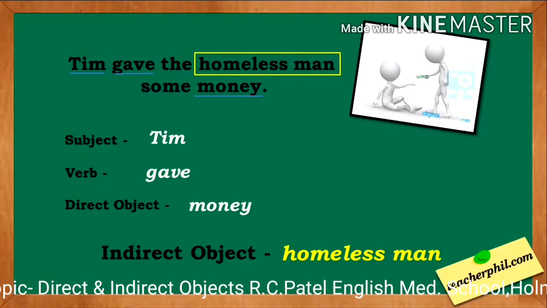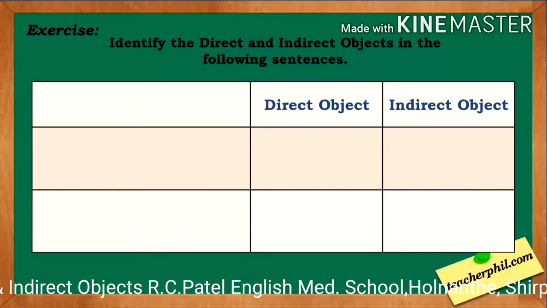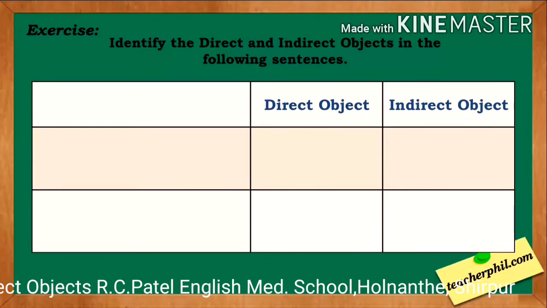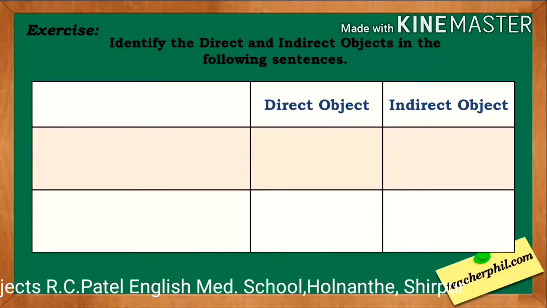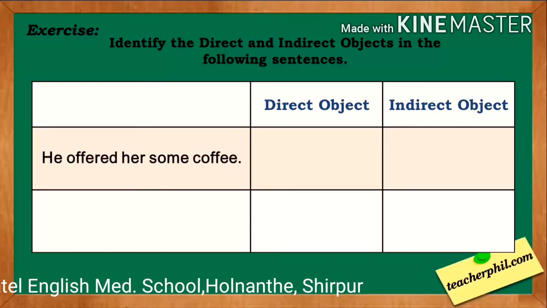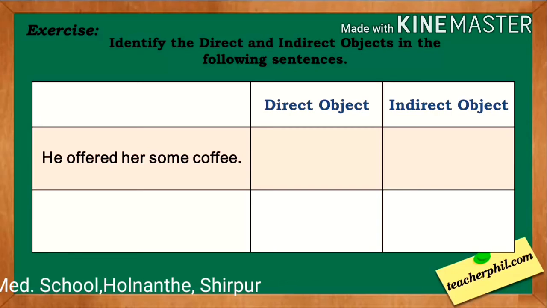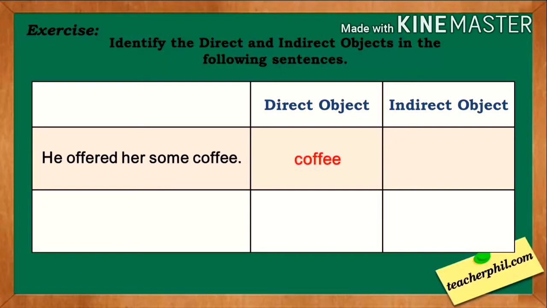Now we'll see some examples for practice, where we have to identify the direct and indirect object. Now see the first example. He offered her some coffee. First we need to identify the direct object, that is coffee, and then the indirect object, that is her.